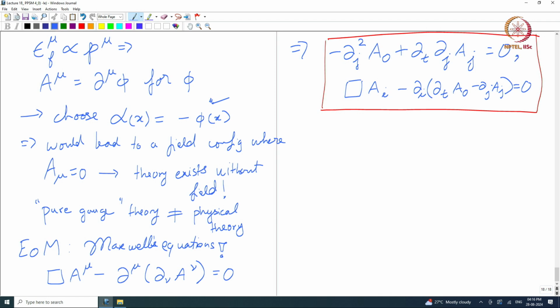Now do we have a problem? Yes, we do, because once again we have taken a theory with 4 components, and now we want to embed 2 degrees of freedom, and in the equation of motion I still have the 4 components, correct? So what should we do now?